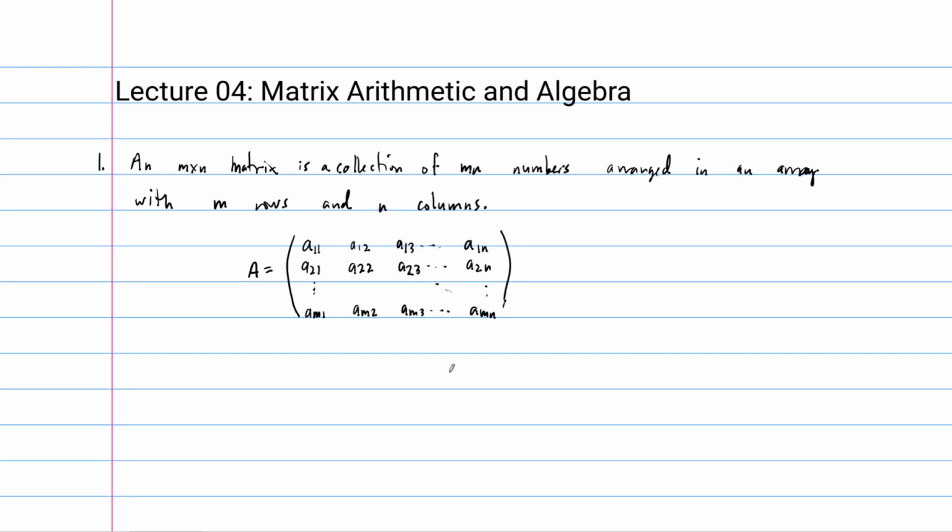And so one way that we can refer to this matrix is, we almost always use parentheses to wrap the matrix, the array, as a matrix. So, rounded parentheses. You'll see sometimes straight brackets, but not just straight lines.